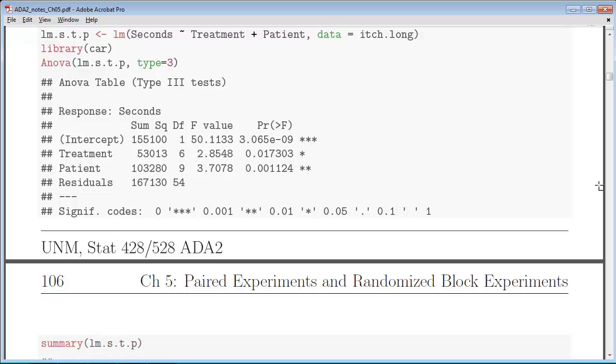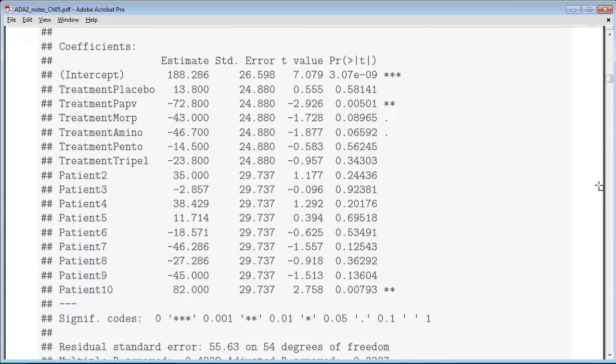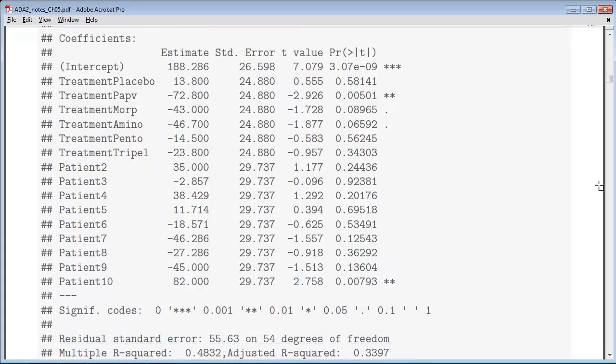And the third step is we would scroll down to the individual coefficients. We're going to become experts at interpreting these at the very end of the chapter, but I will point out right now what's going on. So the intercept plays a very important role.